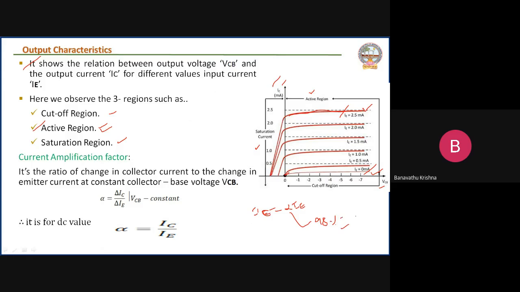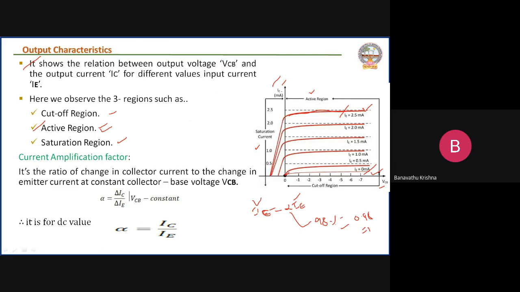So alpha is nearly 0.98, approximately 1. Then IE equals IC, so it maintains a constant value along the x-axis in a horizontal line.